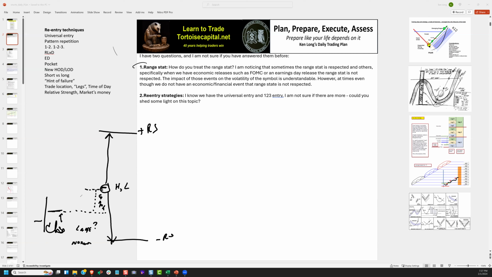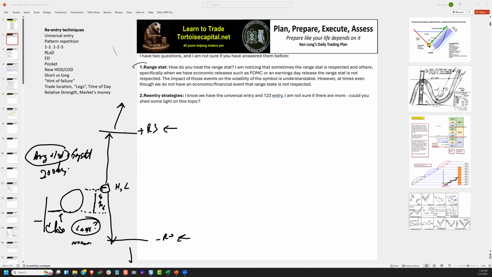So that's going to be taking a look at the size of the gaps of the last 200 days. And then we can establish the average gap plus 1 SD equals the gap stat. What we know is that if it's a large gap, then the probability of seeing a range stat move or beyond today is greater.